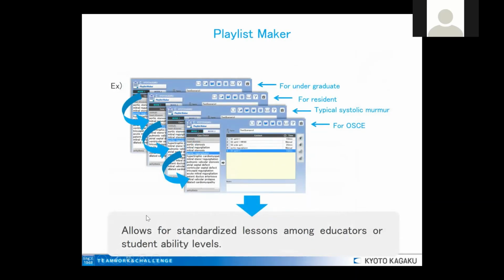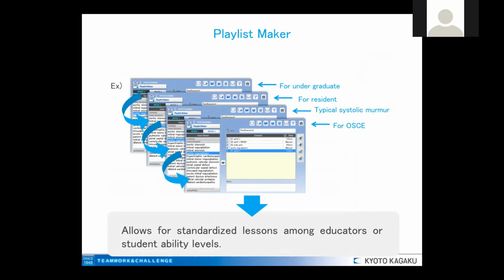So with this, we have standardized lessons among educators or students with different levels. You can make a playlist for undergraduate students, a different playlist for residents, and one more for other purposes like OSCE, for example. So this really makes the work of the teachers easier. It's very useful for them.